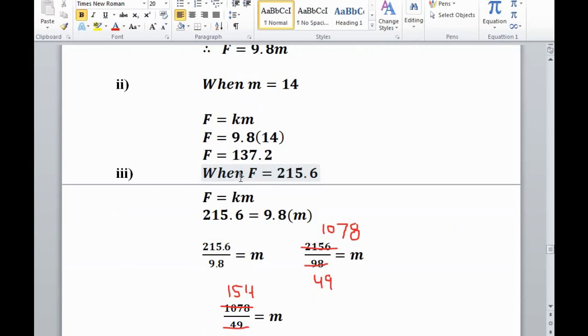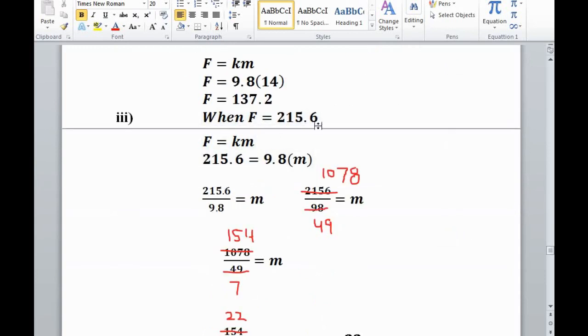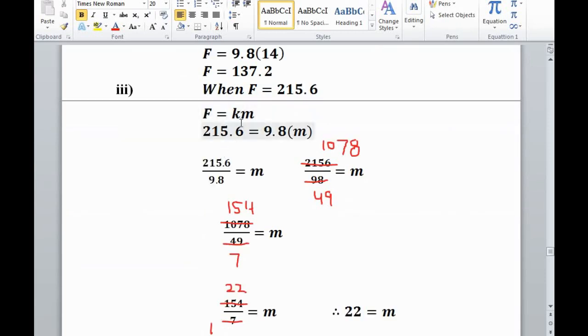We are given the value of F, which is 215.6, and this equation becomes 215.6 equals constant k, which is 9.8, multiplied by m. Again we are finding m, so let's take this 9.8 to the left side. This equation becomes 215.6 over 9.8.